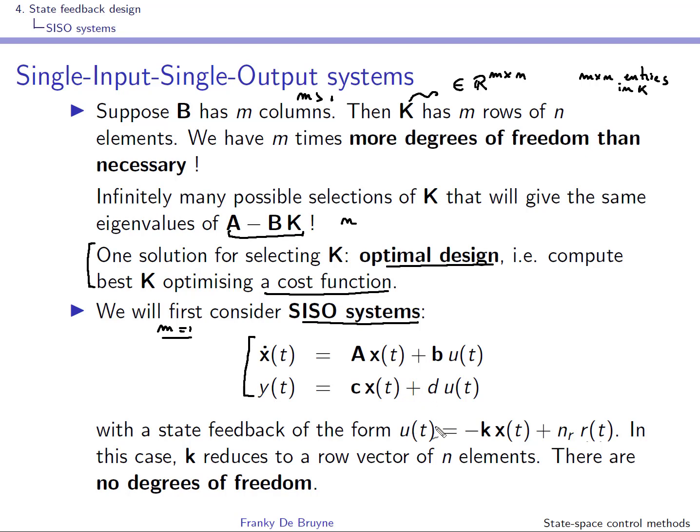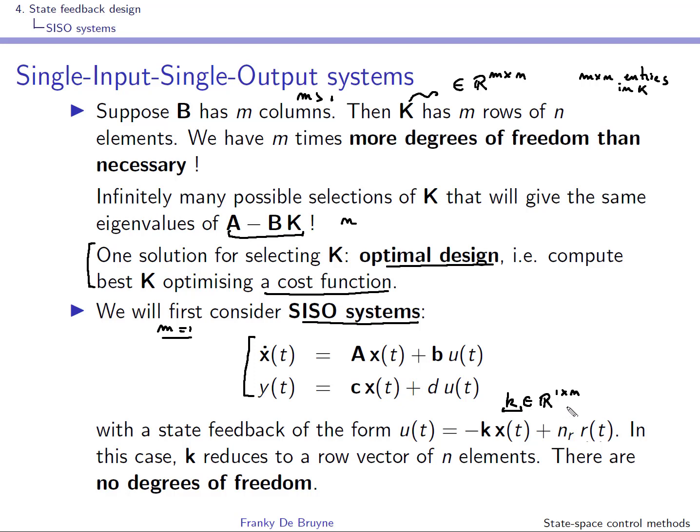There is only one input, so the control law will have only one output, right? And k reduces to something that lives in R^(1 times n), so it's a row vector.